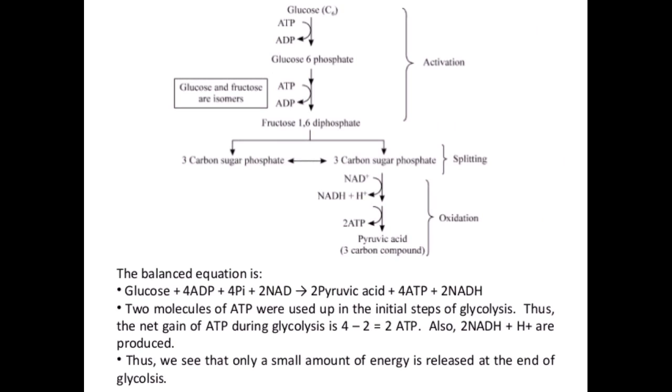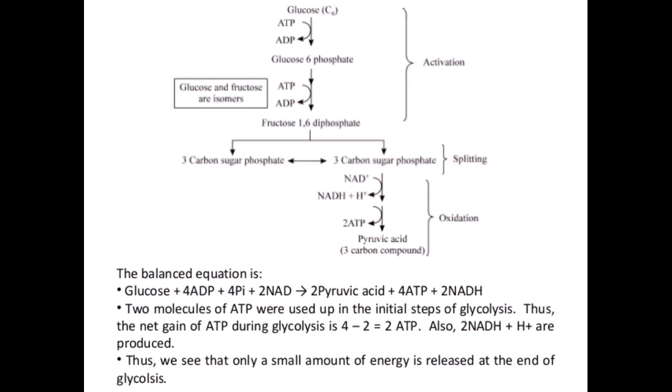See the steps of glycolysis. Glucose, that is a 6 carbon compound, first of all changes into glucose 6 phosphate in presence of one molecule of ATP. Then very soon glucose 6 phosphate again changes into fructose 1,6 diphosphate by consuming 1 ATP more.